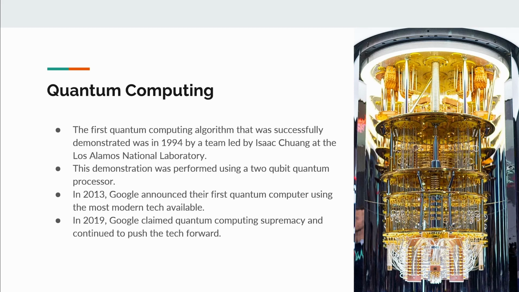For an idea, the newest processors out there have about 133 qubits. In 2013, Google announced their first quantum computer using the most modern tech available at the time. And fast forward to 2019, Google claimed quantum computing supremacy and continued to push the tech forward.